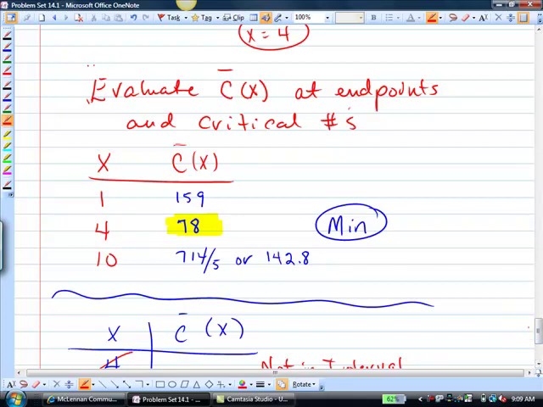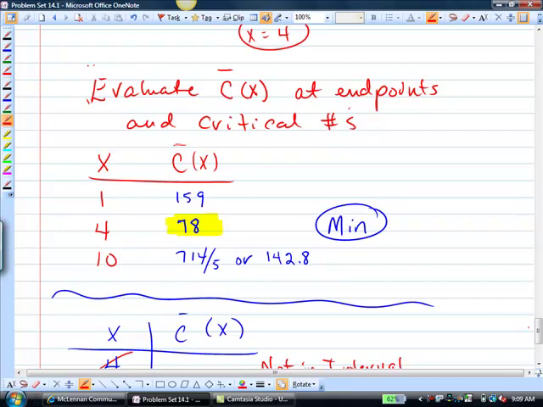Okay, you try the last part of that question, because all that's happening is your interval has changed from 10 to 20. So you don't have to do the derivative over again. You're just going to have a different chart. And is our critical number in the interval? No, critical number was 4. So you're testing 10 and 20.